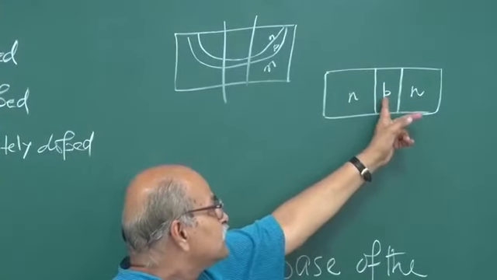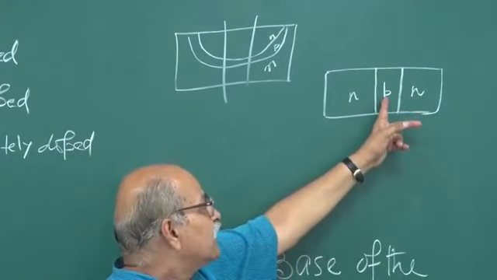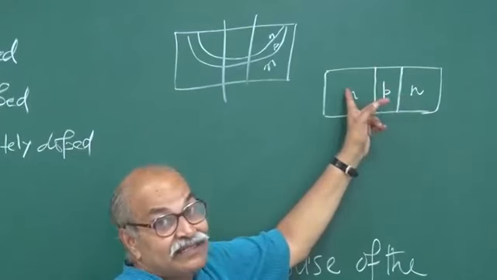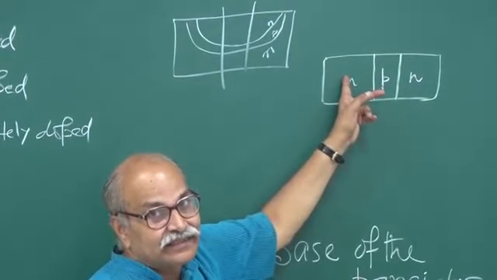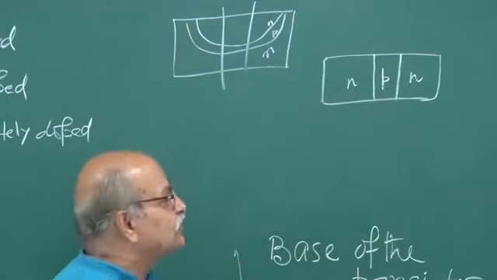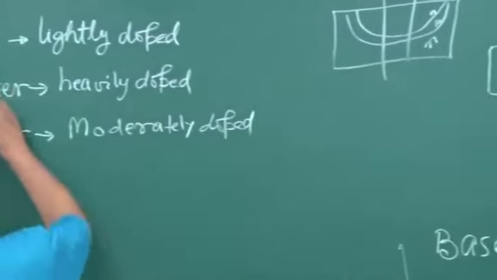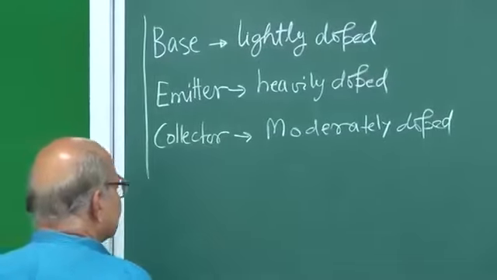Doping level: the base is very lightly doped, and of the other two, the emitter is heavily doped and the collector is moderately doped. The second is the geometrical parameter, the thickness.